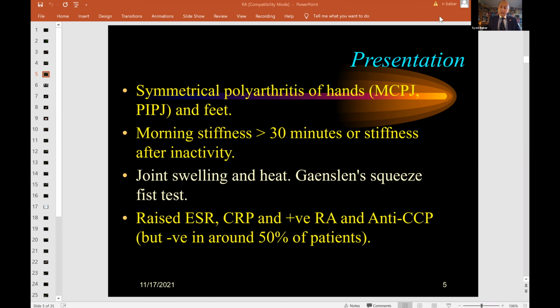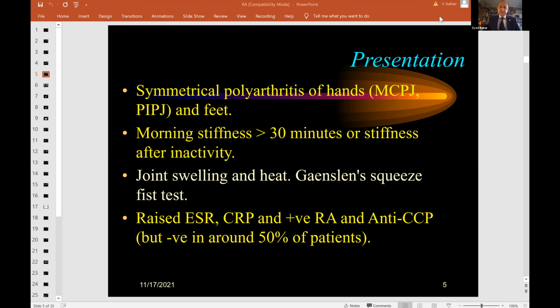There is also swelling of the joint. There is inflammatory heat, and when it involves the finger, one can laterally compress the MCPJ or PIPJ to produce a degree of tenderness when making a fist.